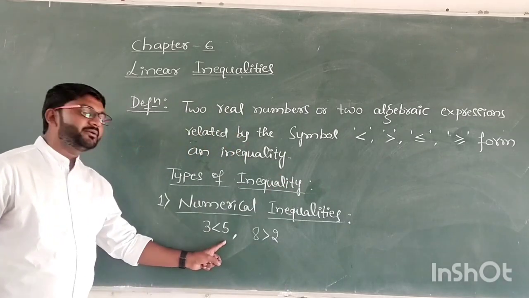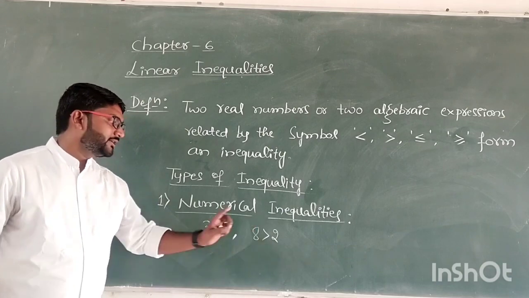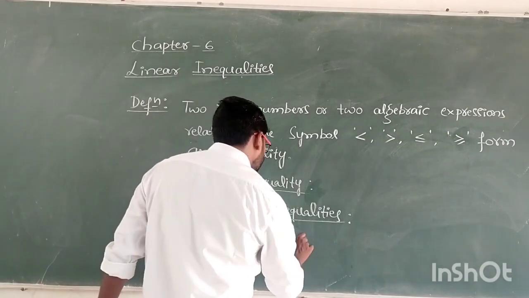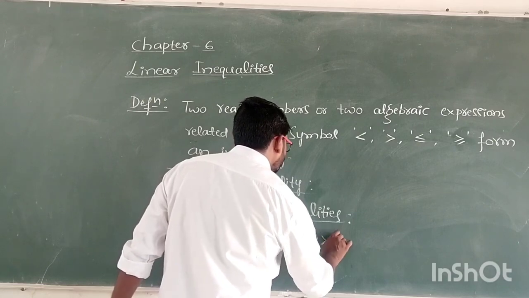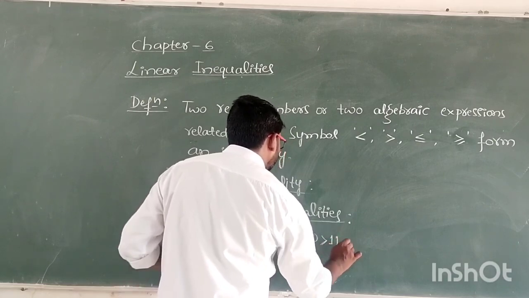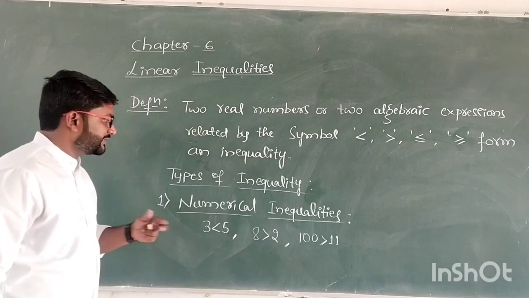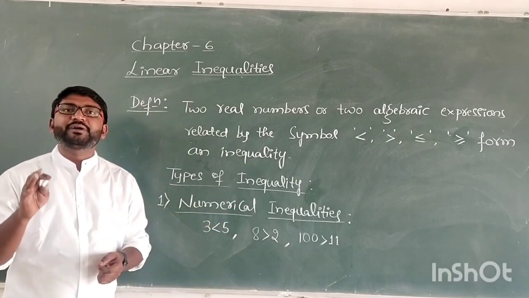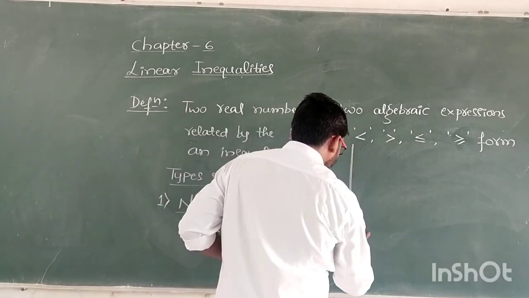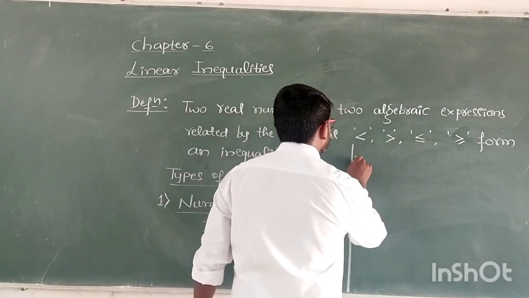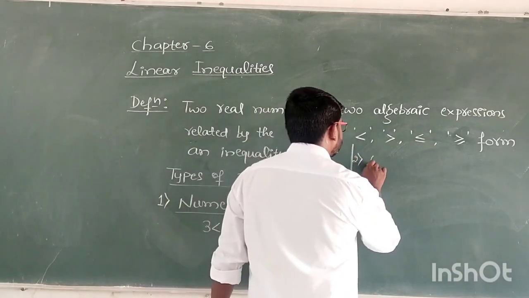Similarly, 100 is greater than 11. So these are some of the examples of numerical inequalities. So let us take up the second type. Second one, literal inequalities.